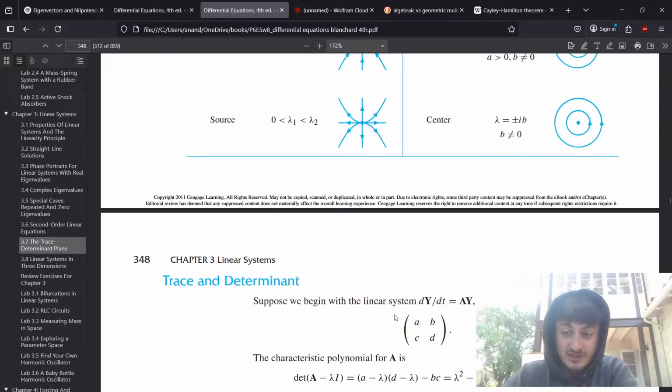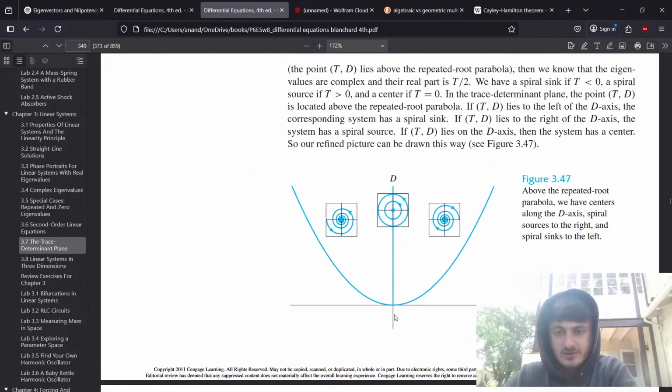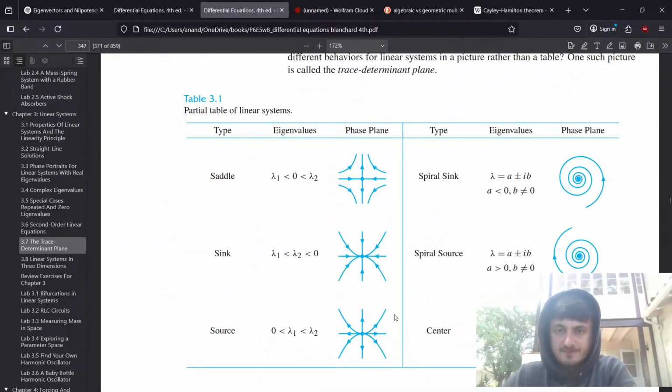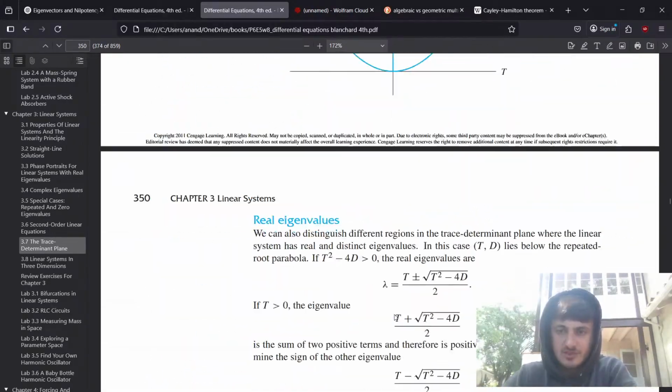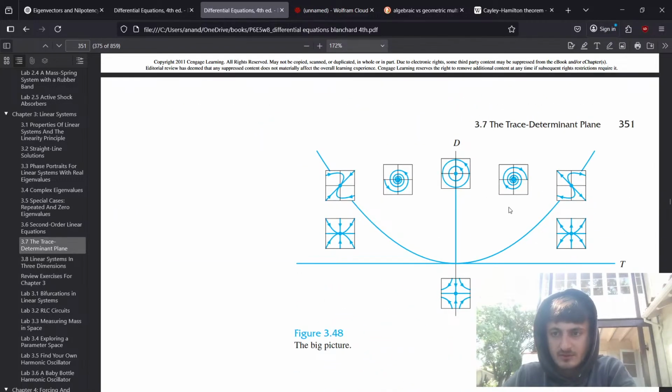All right, now let's look at this plot again. Where's the actual plot? What am I missing here? I got the repeated roots here. We got the saddle.